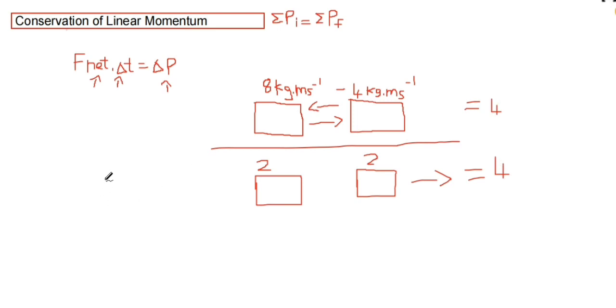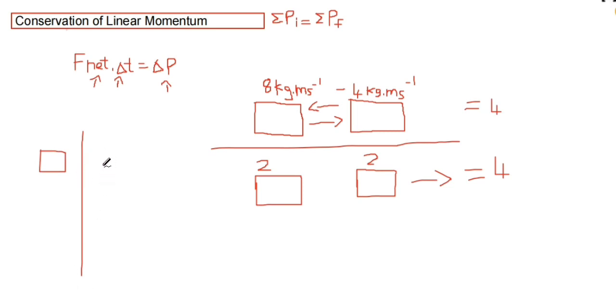By the way, this only happens for isolated systems. This is what we would call an isolated system, where the only forces acting on these objects are the forces that they exert on each other. What would not be an isolated system is, say for example, a box colliding with a wall.